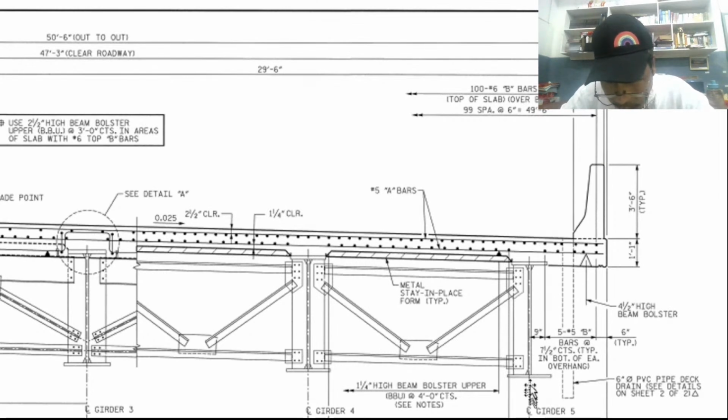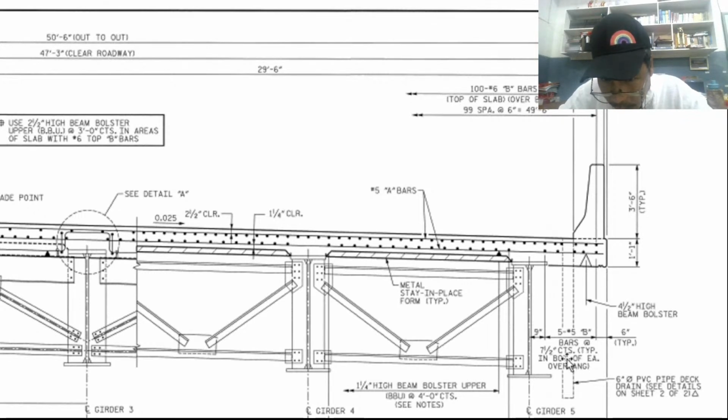Girder number 5 is an exterior girder. There are two exterior girders, girder number 1 and girder number 5. After the exterior girder, we have the overhang. This is what we call overhang. So from this end of the plans, we have the overhang.